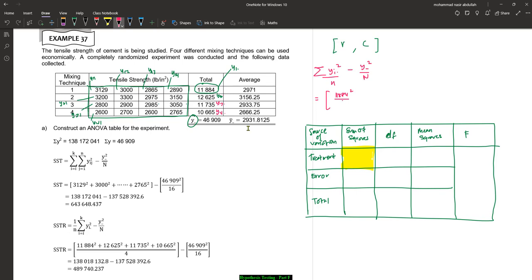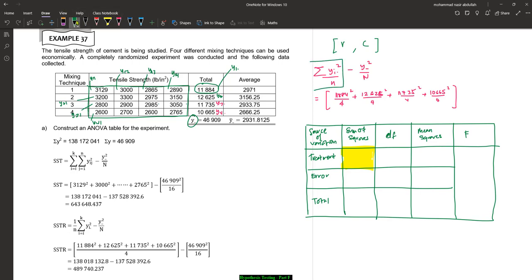Benda yang sama lah, divided by 4 plus 12,625 square divided by 4 plus 11,735 square divided by 4 plus 10,665 square divided by 4. So this is the first term in the equation.